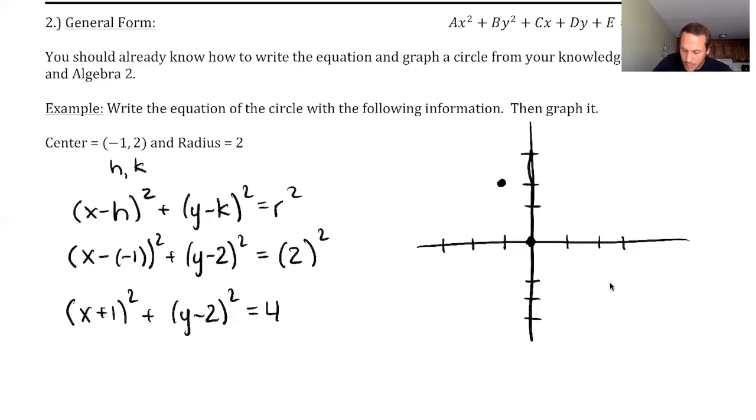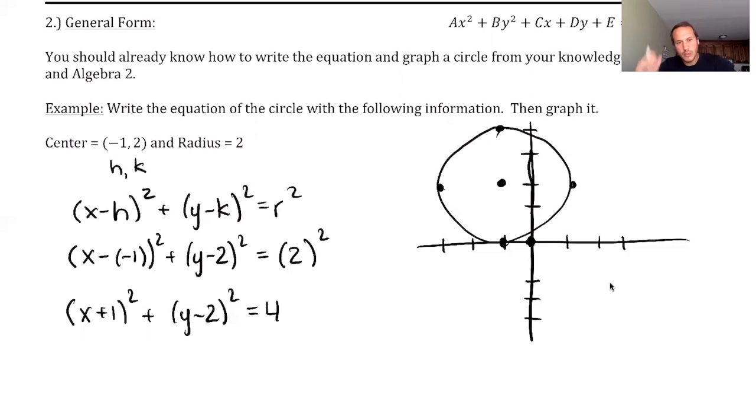I should extend this a little bit. I have a radius of 2. So what that means is I'm going to go 2 to the left, 2 below, 2 to the right, and 2 above. And there's my circle. So this right here is our standard graph.